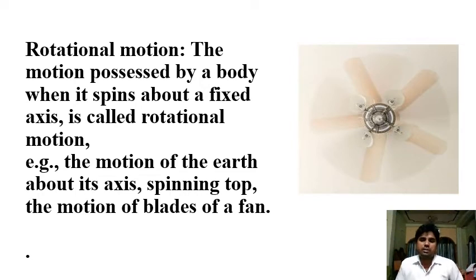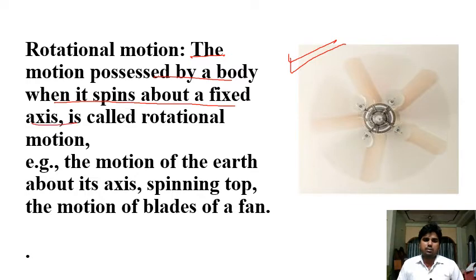Now you can see this example of a rotating fan also. The motion that is possessed by a body when it spins about a fixed axis is called rotational motion. In the fan also there is one fixed axis around which these blades are moving.